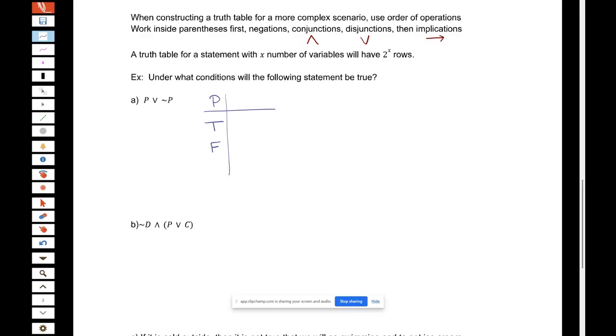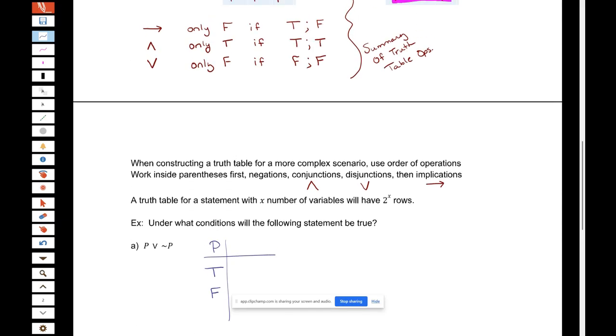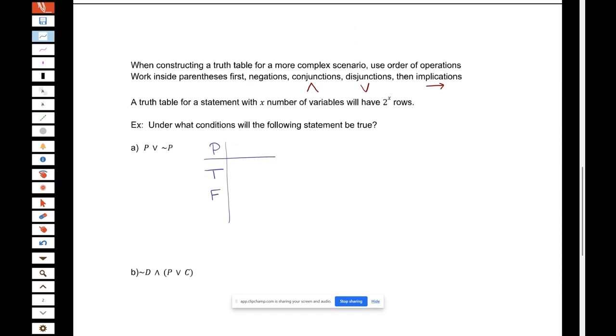And then we want to evaluate negations next. There's no parentheses here, so we can skip over that. We have to do a column for not P. By the way, we've been using this symbol, which is commonly used for negation. Also, I've seen a symbol like that used for it, just in case you ever see it.